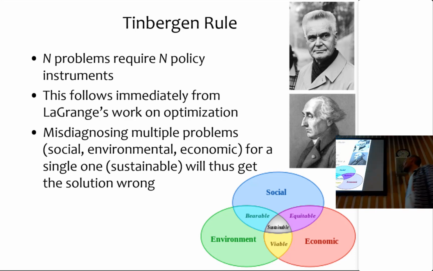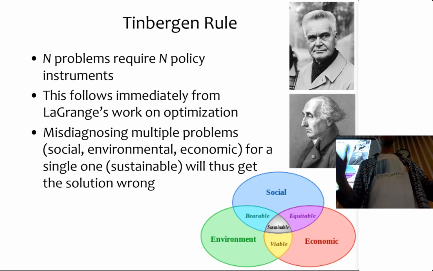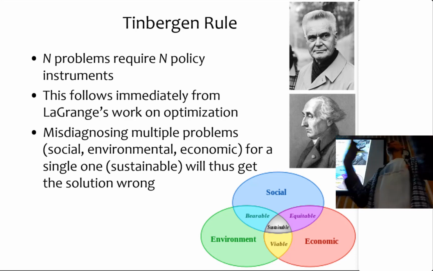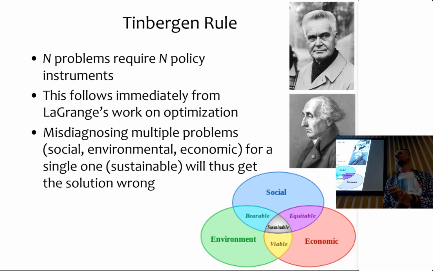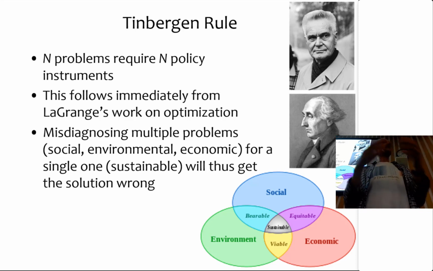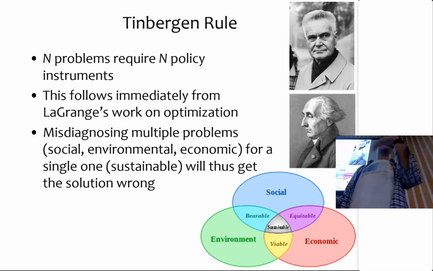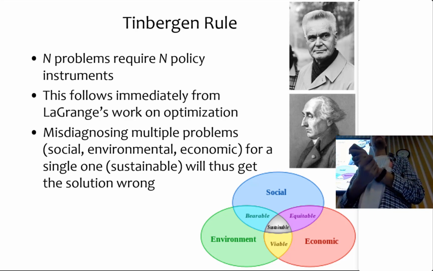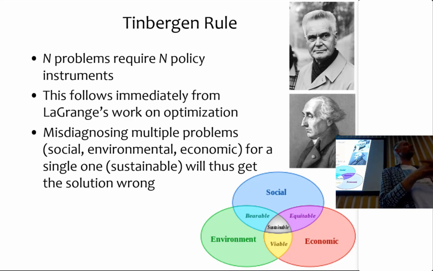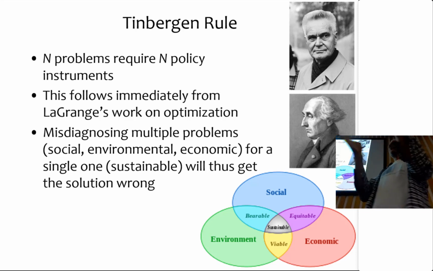Now, if you want good stuff for the environment, if you want to improve environmental quality, then you need policy instruments that help you improve environmental quality. If at the same time you want to reduce the gap between rich and poor, that's a great thing too, I would think, then you need a policy instrument for that as well.